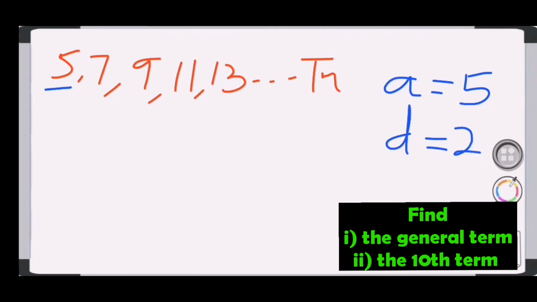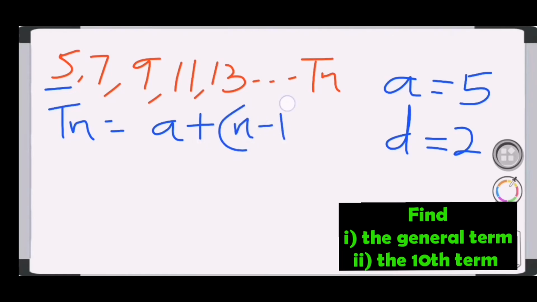If we are decreasing the terms, then it will be negative. So we go to our formula. Tn is A plus (n minus 1) d. Remember, this formula is used whenever you are finding the general term of numeric patterns. Got it? Great.